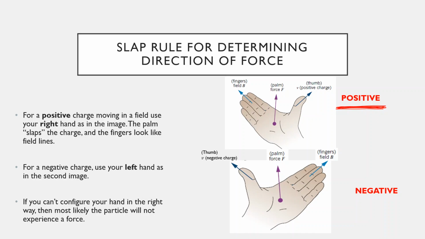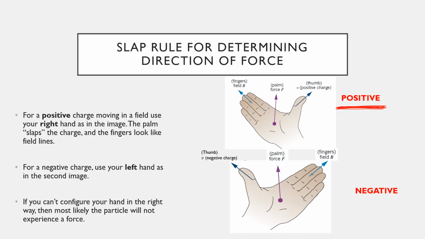If you're talking about negative charges moving through a field, then you just swap hands. You use your left hand, because negative and positive are opposites, and left hand and right hand are opposites as well. But the same things apply: your fingers indicate the direction of the field, your thumb indicates the direction this negative charge is moving, and your palm indicates the direction of the force.